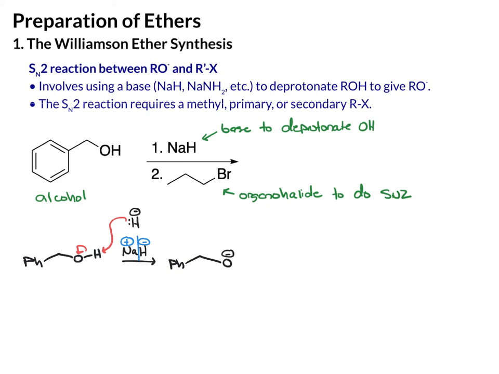And that gives us a negatively charged oxygen plus the two hydrogens combined to give us hydrogen gas, which escapes the reaction flask. This negatively charged oxygen is a good nucleophile. So from here we can do the SN2 reaction.